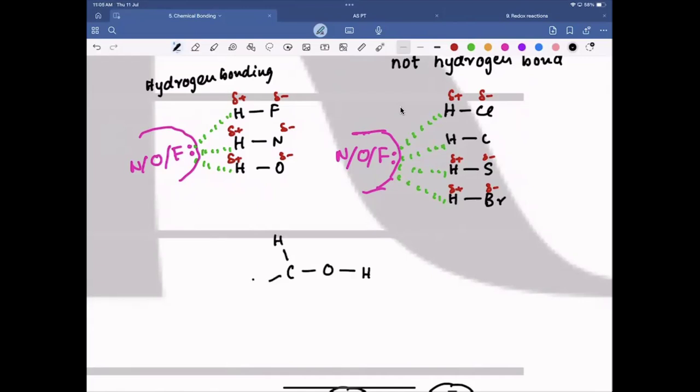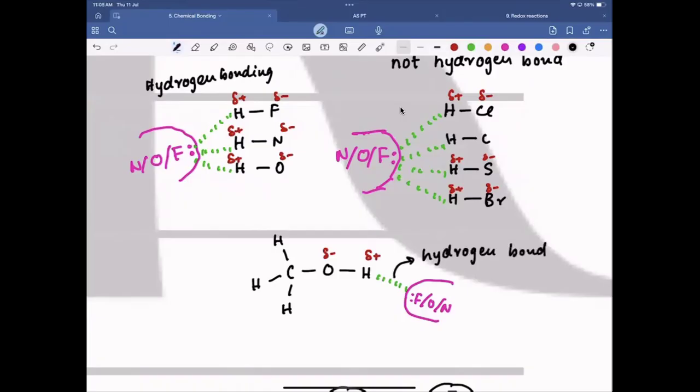Yes, sir. In the alcohol molecule, there are 4 hydrogens, right? Yes, sir. Now, if this hydrogen is actually attracted by another molecule having fluorine, oxygen, or nitrogen with a lone pair, then this is called a hydrogen bond.